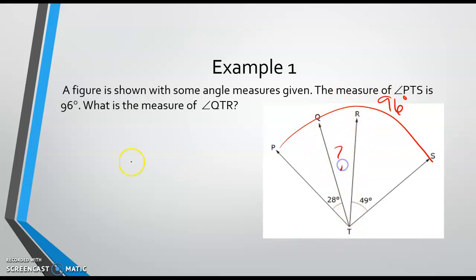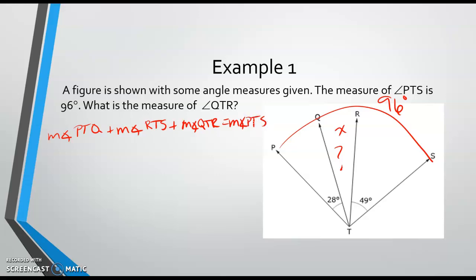So we want to know this one, so we're going to call that X. So we know that the measure of angle PTQ, that's this one right here, plus the measure of angle RTS, plus the measure of angle QTR is going to equal the measure of angle PTS.